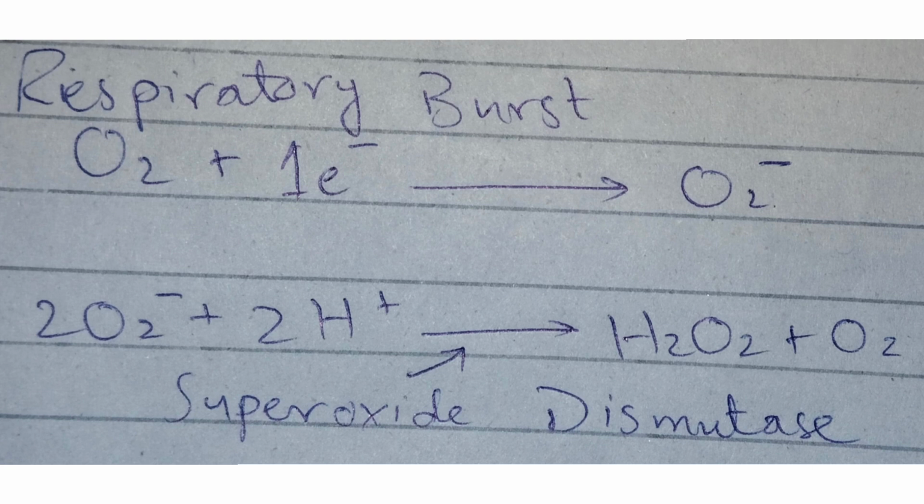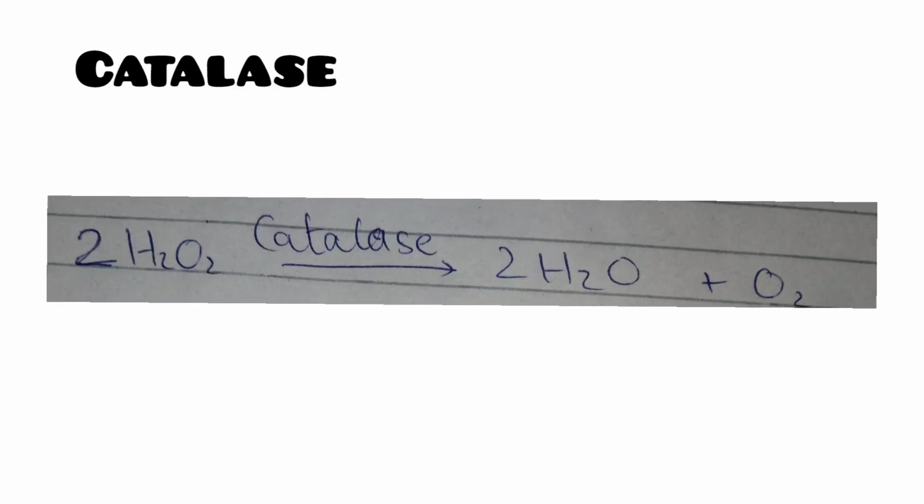Hydrogen peroxide is more toxic than the superoxide but is not effective against catalase producing organisms. Some microorganisms such as staphylococci produce an enzyme known as catalase. Catalase is a protective enzyme that degrades hydrogen peroxide into water and oxygen.